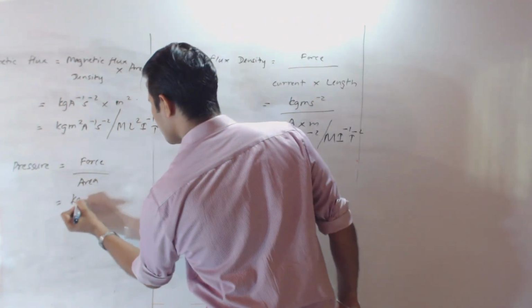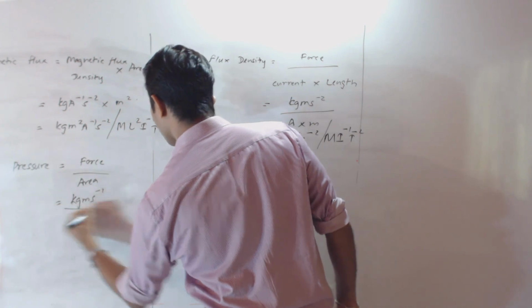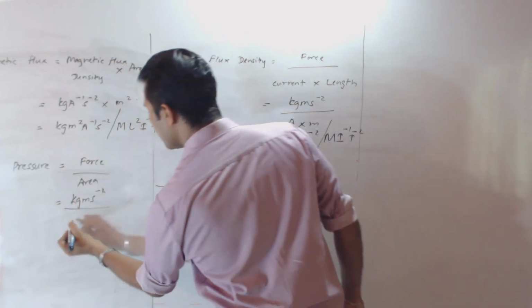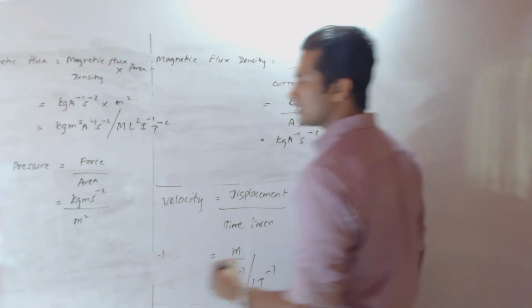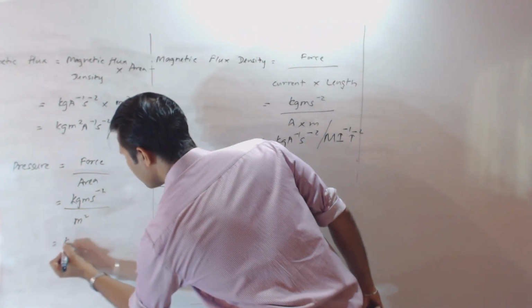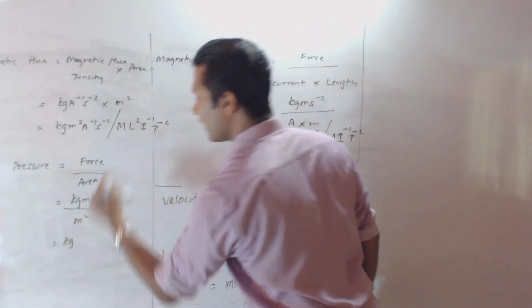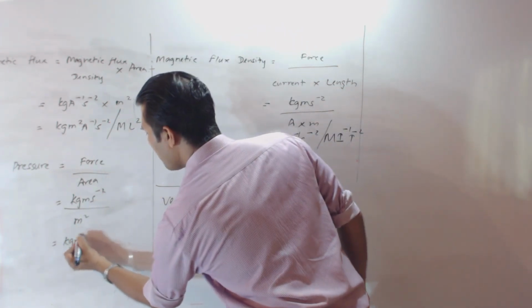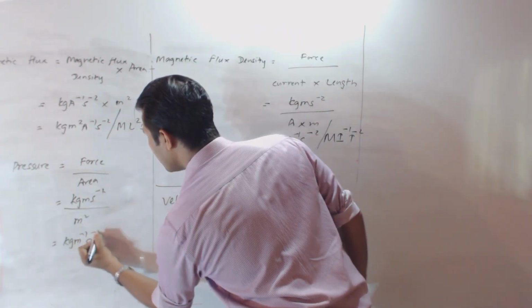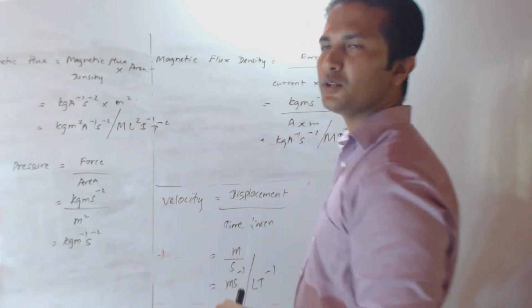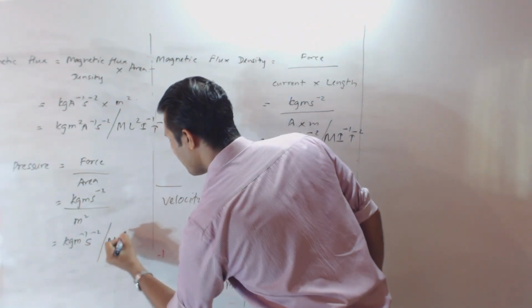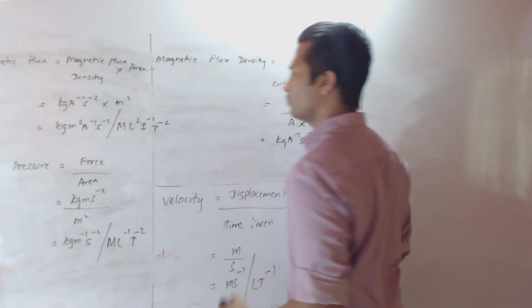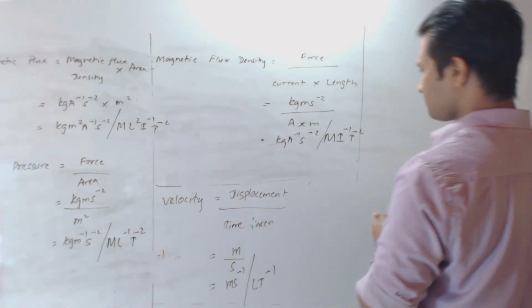As we know, that is kg m s minus 2 divided by m square. So one m gets cancelled off, and the remaining m goes to the denominator. Kg m minus 1 s minus 2 is the unit of the pressure, and the dimension should be M L minus 1 T minus 2. That is pressure.